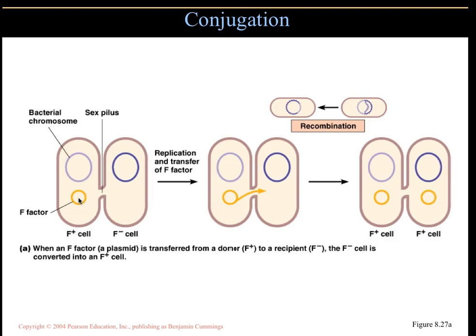And when this bacterium meets up with another bacterium that does not have a plasmid, it will form a bridge between the two of them. Once the bridge is formed, you make a copy of just the plasmid, and it enters the recipient cell, and then the recipient cell is also antibiotic resistant. Then they break the bridge and go off their merry way.